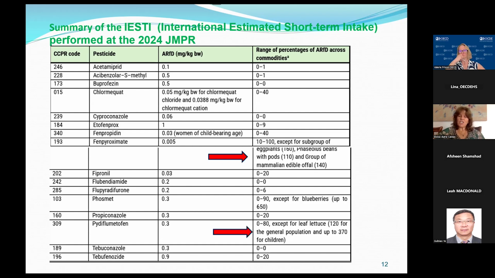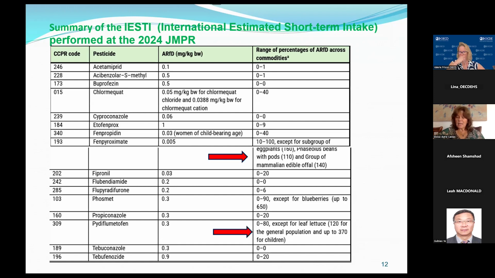And last year, we found there was some exceedance of the acute reference dose for fempyroximate, for example, for some crops, and for pyflumetofen for some crops as well.